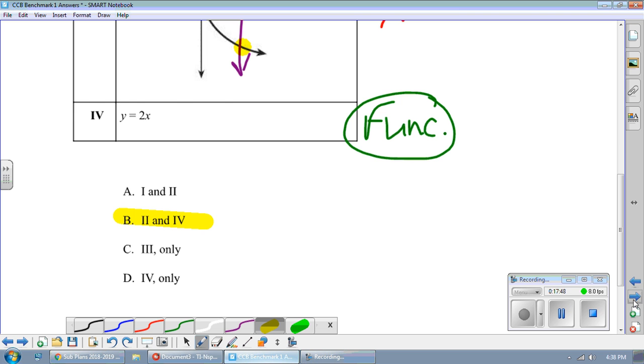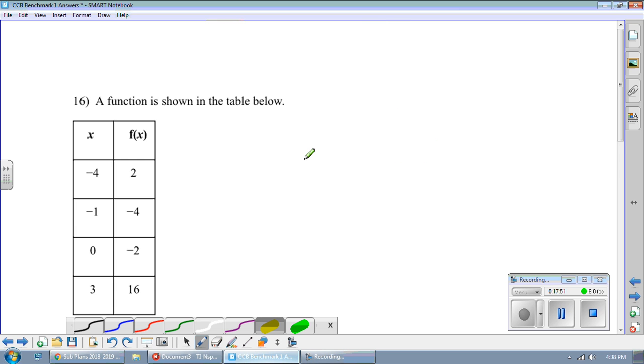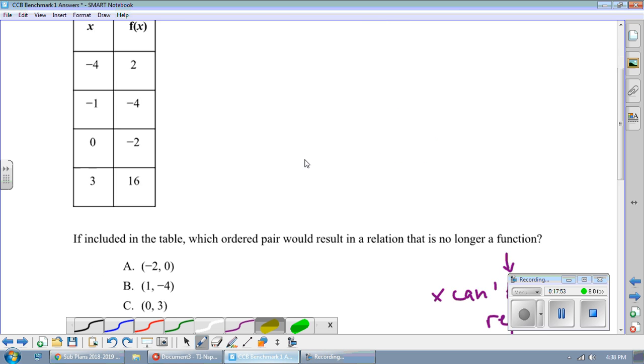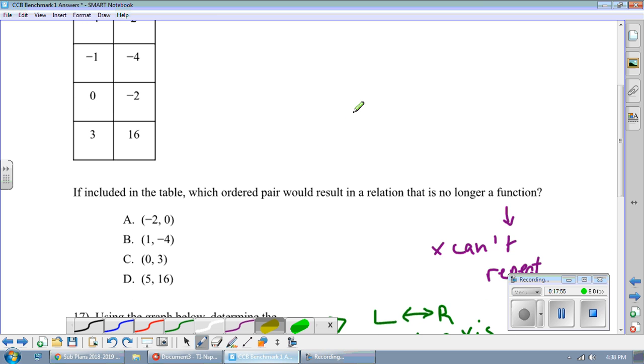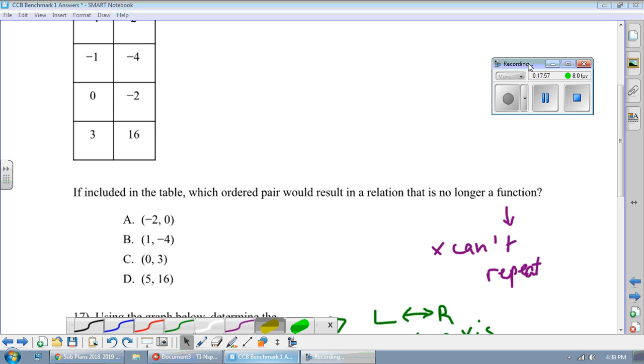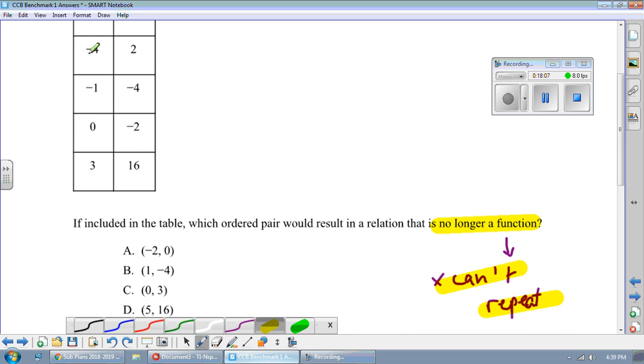Number 16. A function is shown in the table below. If included in the table, which ordered pair would result in a relation that is no longer a function? The x's cannot repeat. If the x's repeat, it's no longer a function. So when we look at this table, we have a -4, a -1, a 0, and a 3.